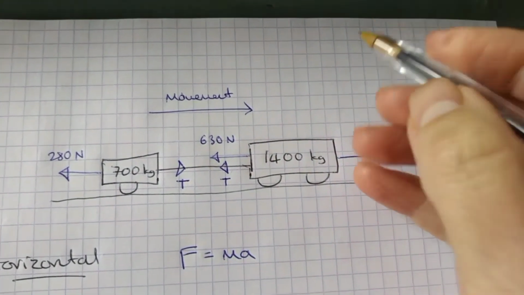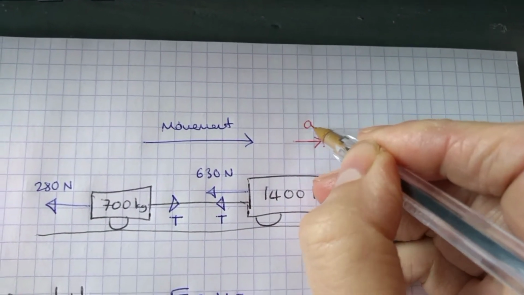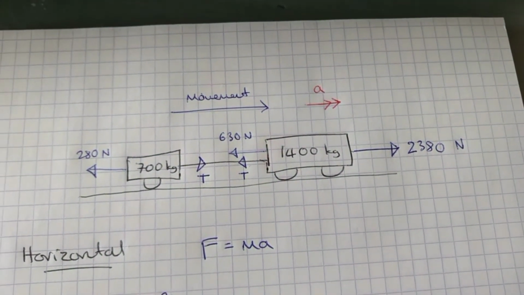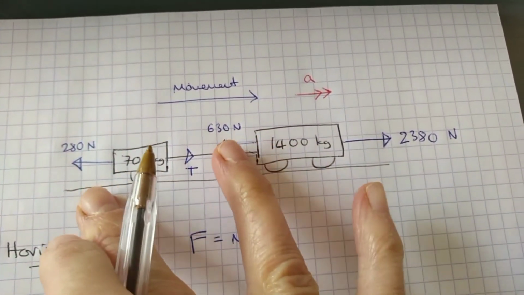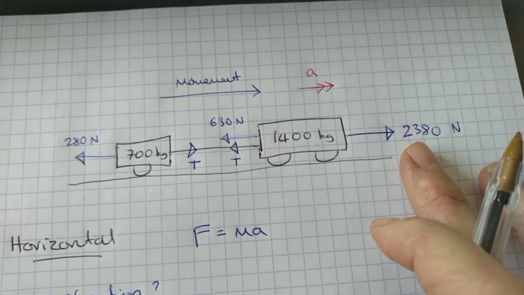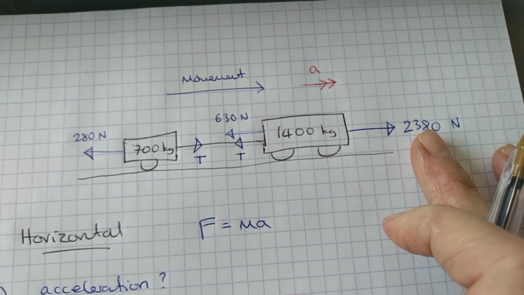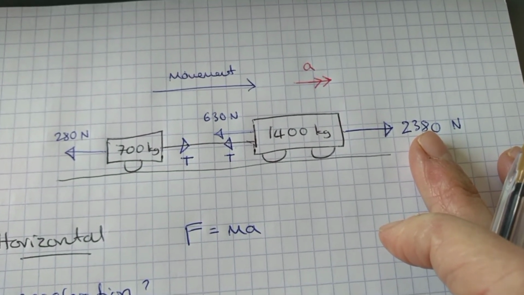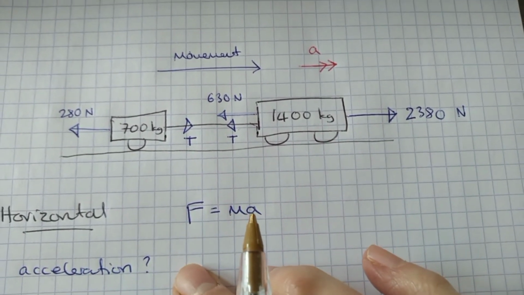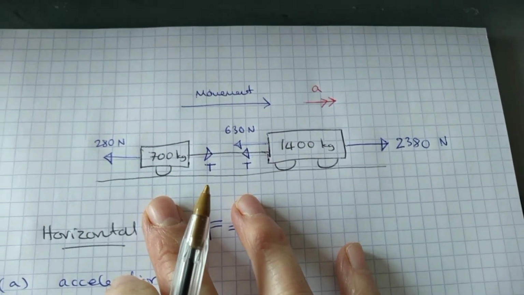So what you might have seen is a little double arrow to say we think it's accelerating that way. It could be slowing down if all these resisting forces are greater than the driving force, but I suggest we are going forward and accelerating forwards, so speeding up. So for the general acceleration, because it's the same for both, we could look at the whole system as one unit.